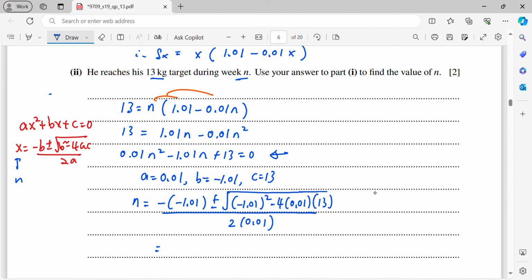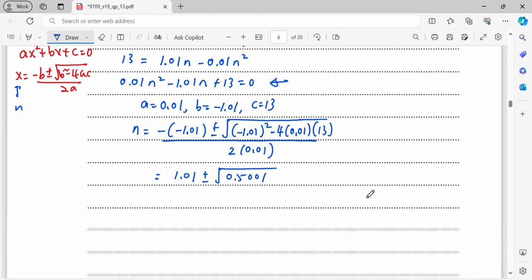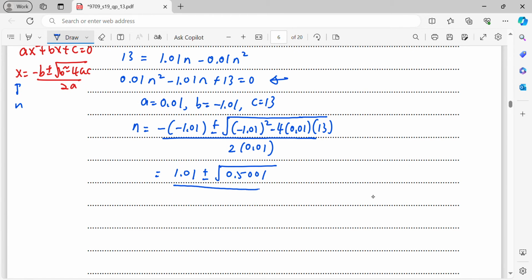That means here you will be getting 1.01 plus minus the square root of 0.5001, then over 0.02. Then from here, I will be getting 15.1, and the other one is 85.9. So you calculate the first one using minus, and the second one using plus.